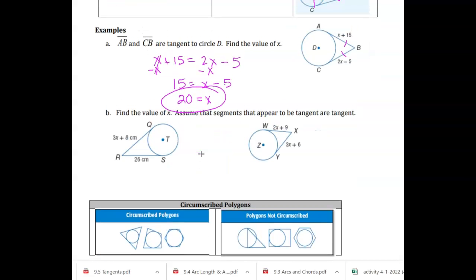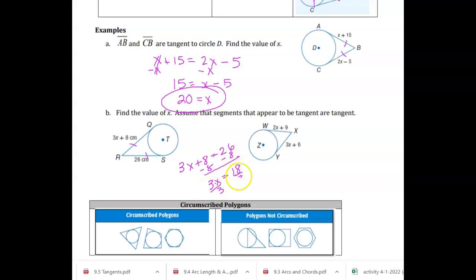For part B, same idea. Assume that the lines that appear to be tangent are. So these are going to be very similar, and they just want us to find x. So I know these two are equal. It doesn't matter, see, where it's drawn. So 3x plus 8 has to equal 26. Subtract 8. So 3x equals 18.